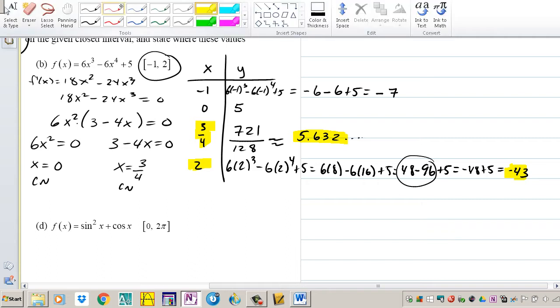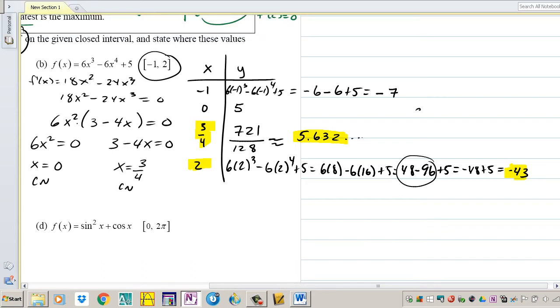So let's go ahead and write that down. It's 3/4, comma, well, let's not use the decimal, let's use the exact value. That's my max. My min is 2, negative 43, minimum.